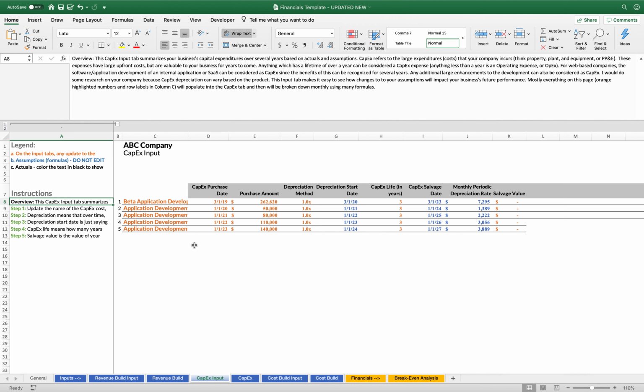And so you want to separate CapEx from your operating expenses, because with CapEx, you're realizing this value over several years. If you're only benefiting from this investment for that year alone, let's say for the next 12 months, then it's not considered CapEx.